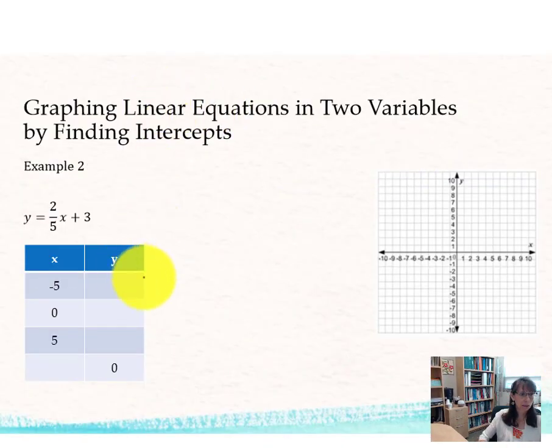Our last example, we're given y equals 2/5 x plus 3. If we're looking specifically for intercepts, notice we need zeros included in the chart, and I've put some other numbers as well. So our first substitution, x value is -5. Isn't it convenient that we're choosing a number to substitute for x that is a multiple of our denominator?